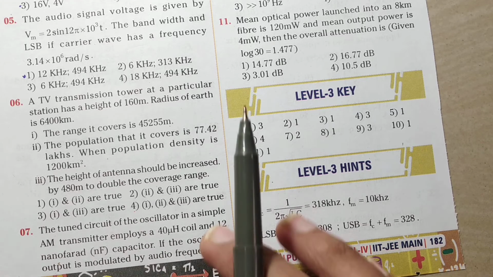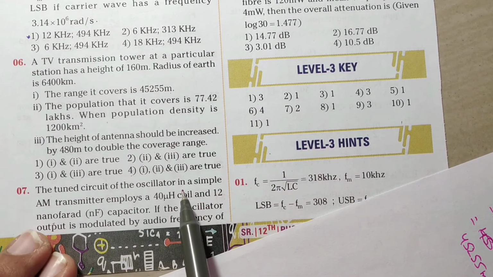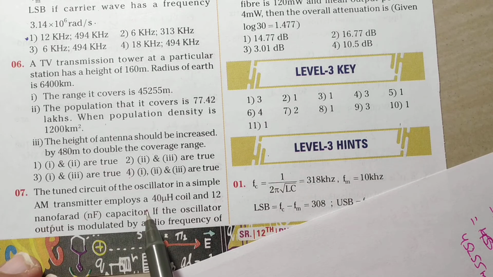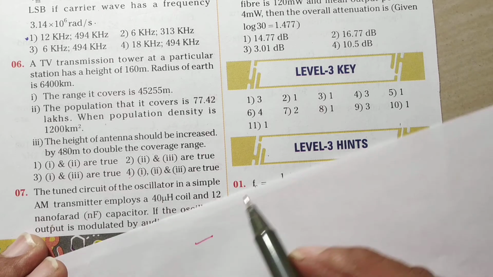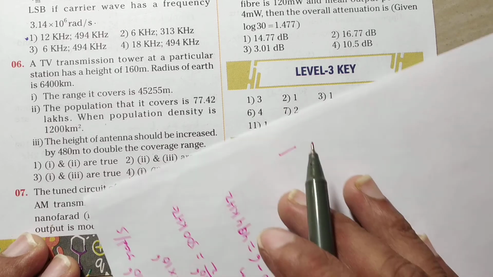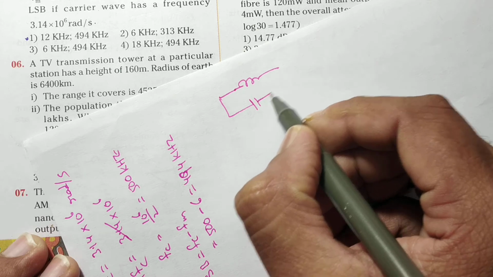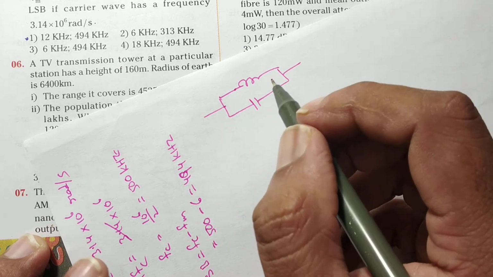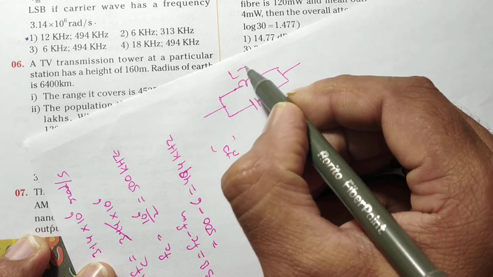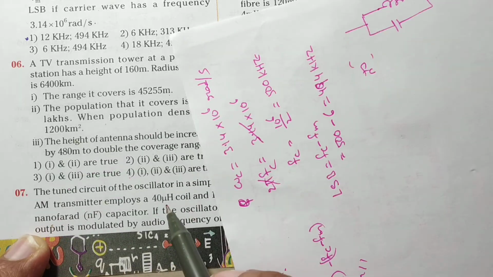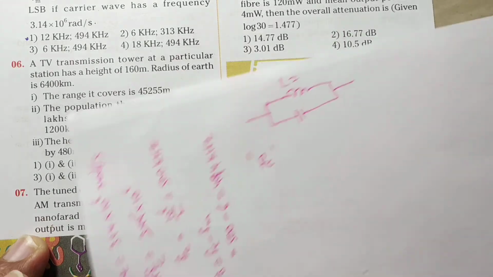Now look at the seventh question. They have given a tuned circuit of the oscillator in a simple AM transmitter. The tuned circuit is used for generating the carrier frequency FC. The L value they have given is 40 microhenry and the capacitance is 12 nanofarad.